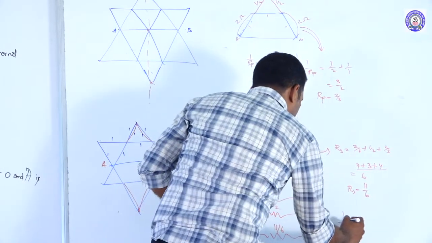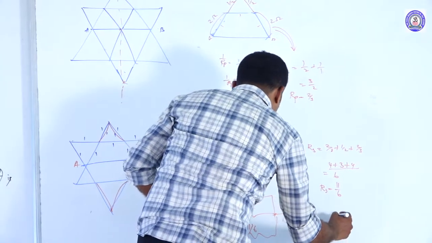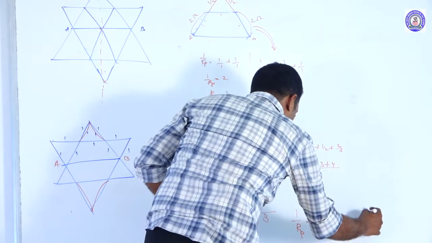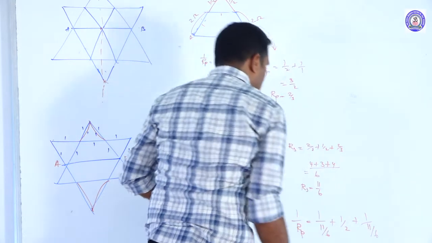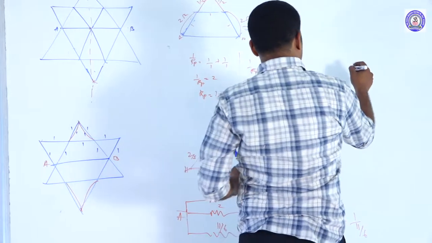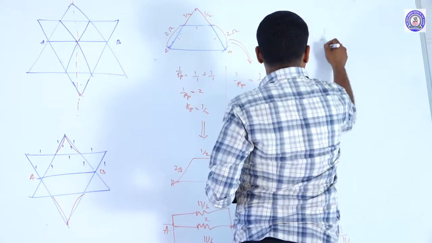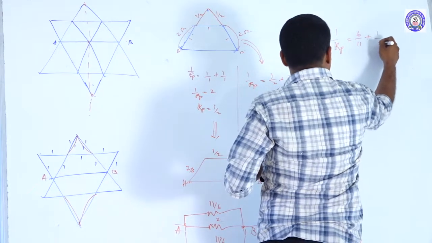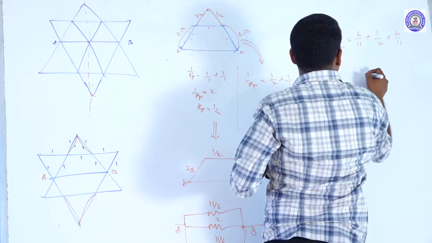So as a final step, 1 by Rp equals 1 by 11 by 6 plus 1 by 2 plus 1 by 11 by 6. So you can write 1 by Rp equals 6 divided by 11 plus 1 by 2 plus 6 divided by 11.